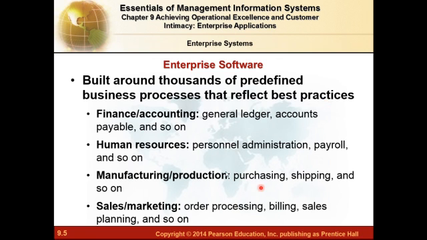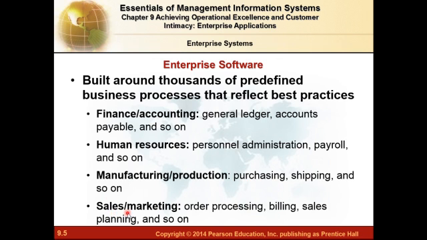For example, finance and accounting can share their general ledger, accounts payable. For human resources, they can share the personal administration and also the payroll. For the manufacturing and production, they can share the purchasing, shipping, and so on.